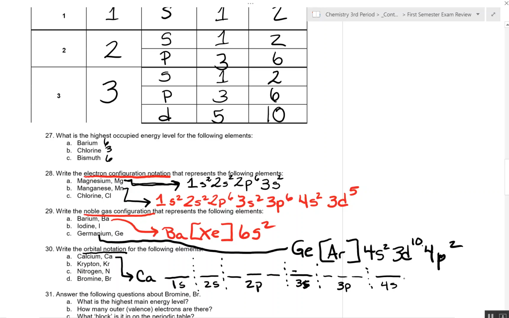Now, orbital notation, what little symbol do we use? Arrows. Up and down arrows. And because calcium is all the way down, we fill in everything like this. And do we fill in both 4s's? Because it's in the second position.